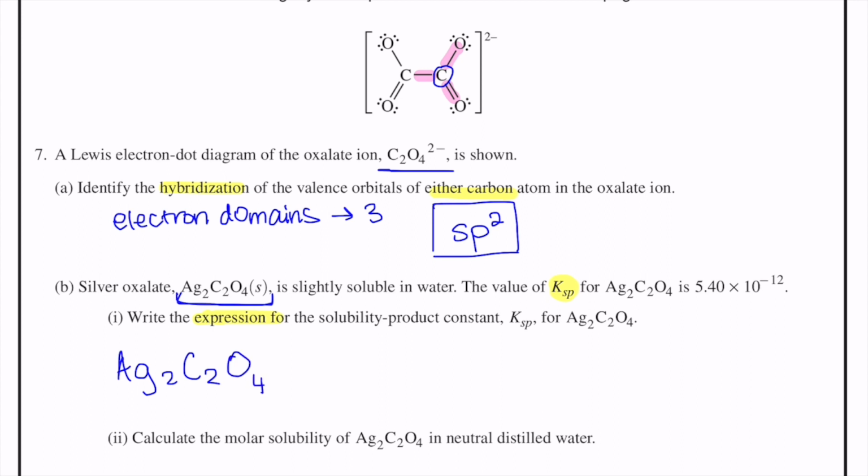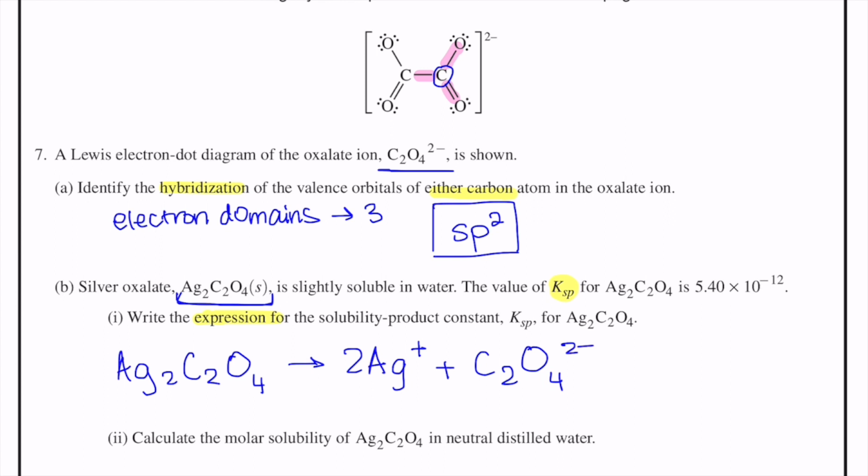The question we need to ask ourselves is, how would this dissociate? Well, by the subscript over here, I can tell that there's going to be 2 silver ions, and that makes sense because the charge on the oxalate ion is 2 negatives, so that ends up balancing itself out.